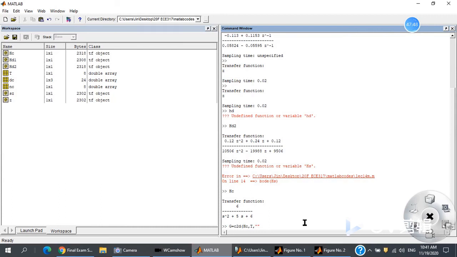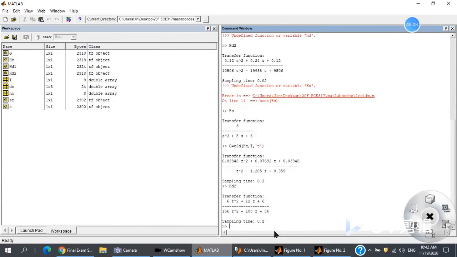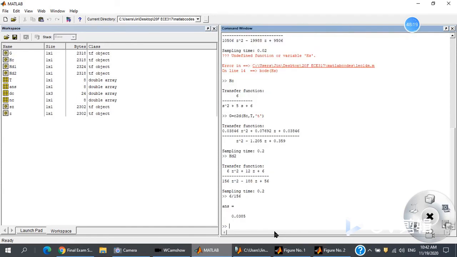The method here is just T, T is for bilinear, and our HD2 is bilinear. Oh, this is not HD2. 6 over 15, 6.